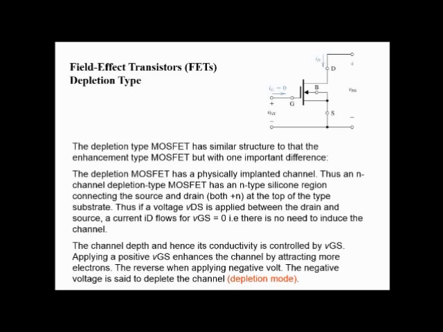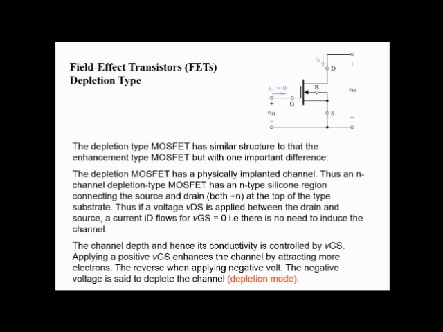Thus, if a voltage VDS is applied between the drain and the source, a current ID flows at VGS equals 0. Whenever the gate voltage applied is 0 and a voltage VDS is applied, the current flows.